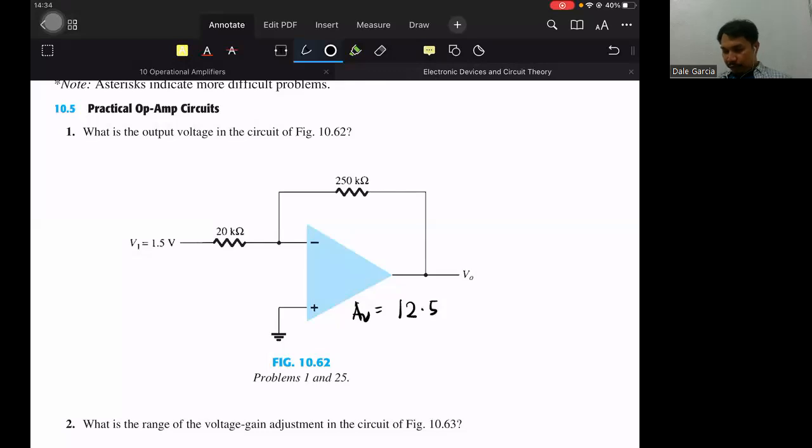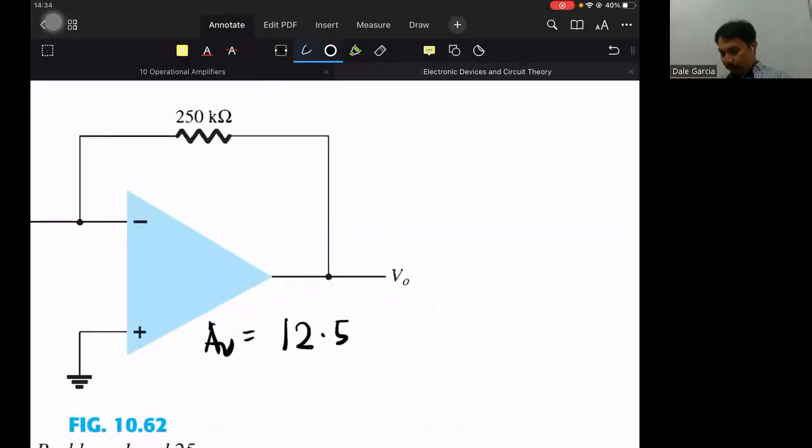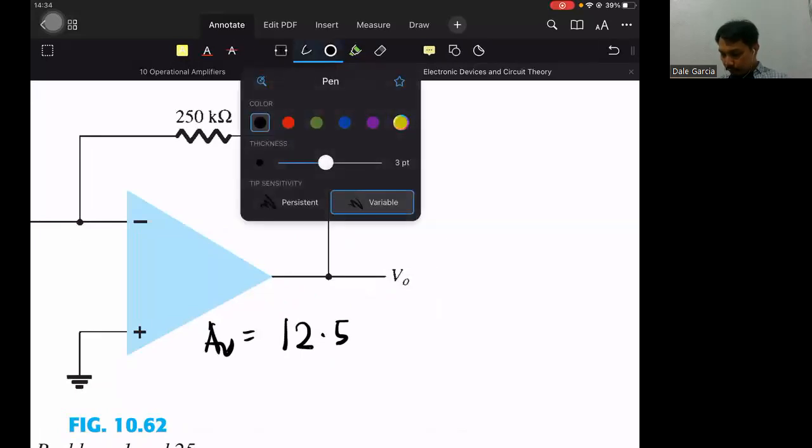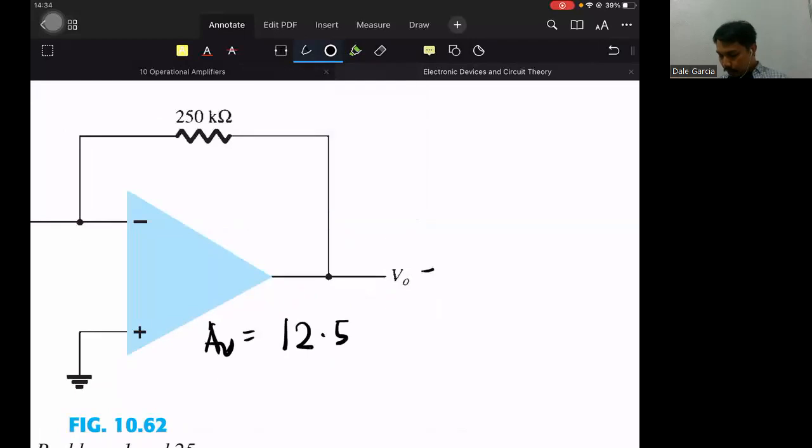So 12.5 times the input of 1.5 is 18, and that's the output voltage. VO is equal to negative 18 volts.